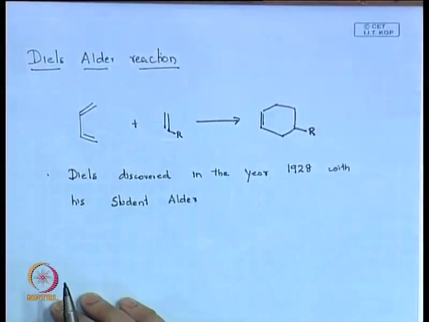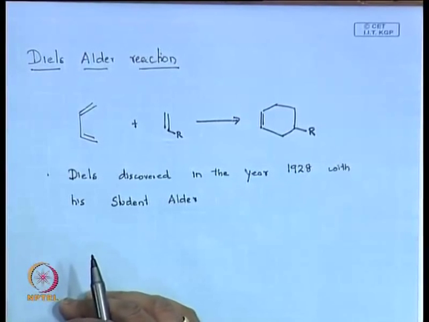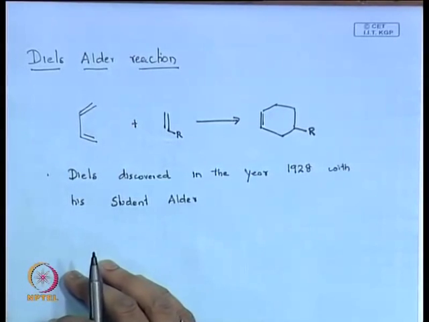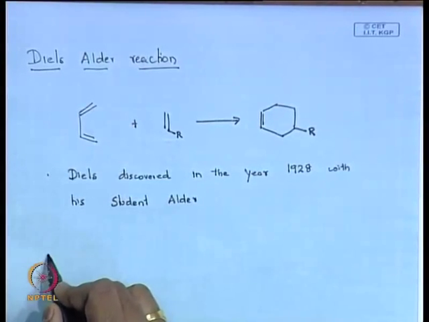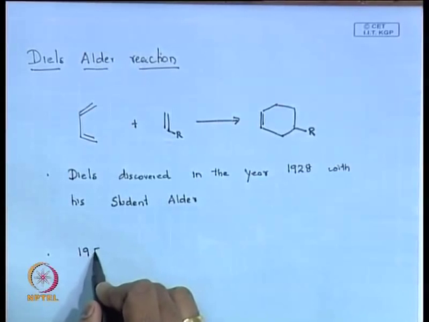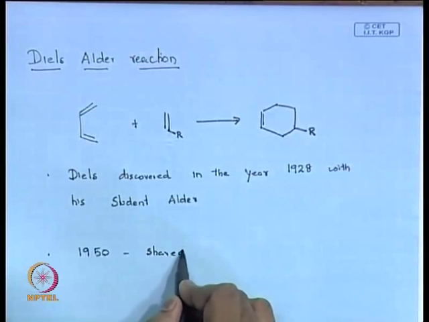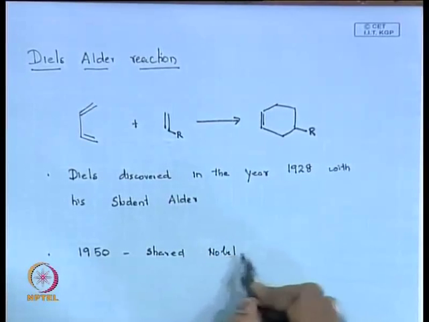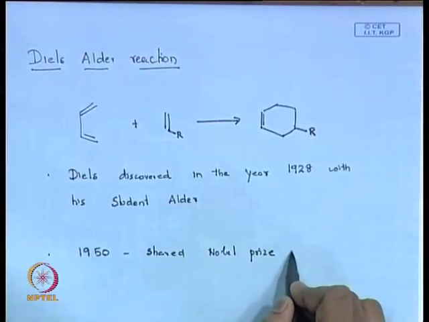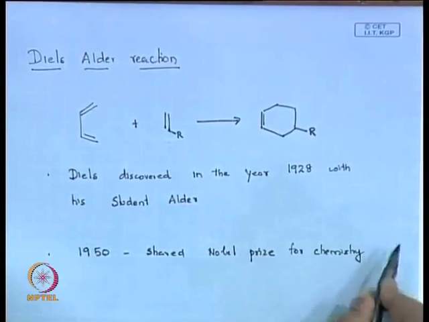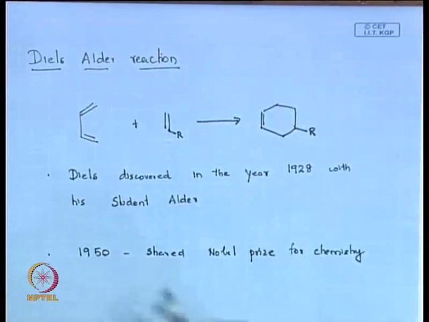I think this is the first reaction to be named after the scientists who discovered it, and this is your Diels-Alder reaction. In the year 1950 they shared the Nobel Prize for chemistry. They got the Nobel Prize for chemistry in 1950 for the Diels-Alder reaction.